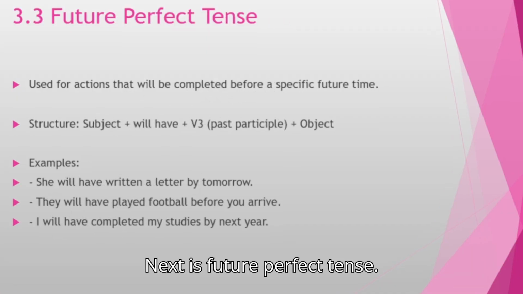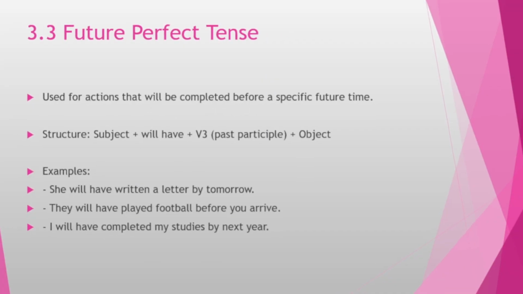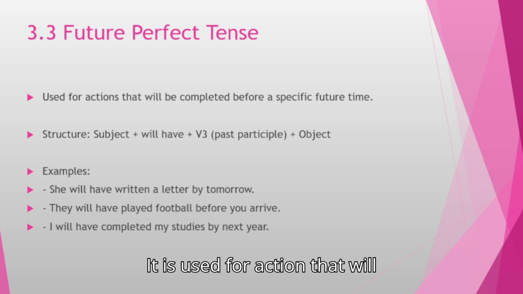Next is future perfect tense. It is used for action that will be completed before a specific future time. Okay, it is going to be completed. So we will use verb's third form in this. Will have plus verb's third form.